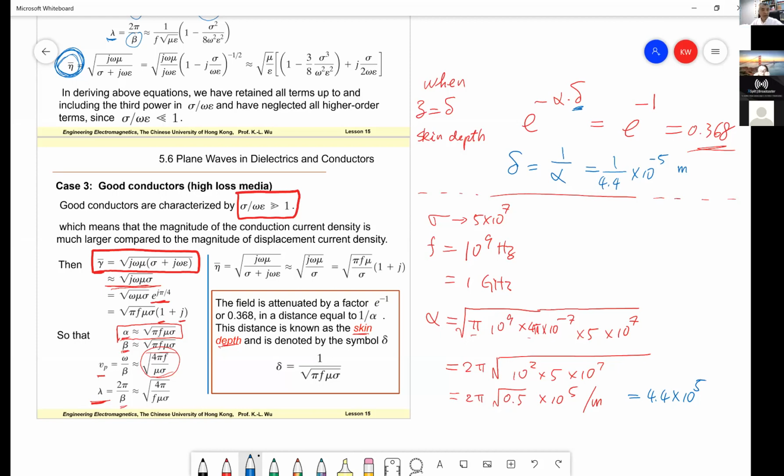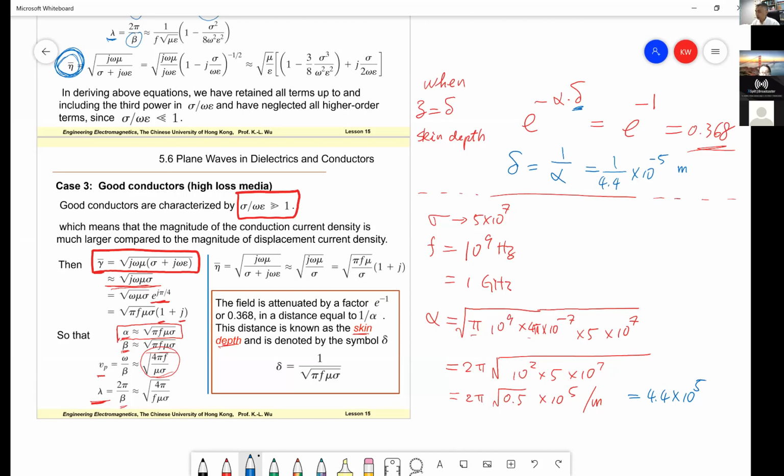Okay, so that means 10 to the power of -5... -3 is a millimeter, right?